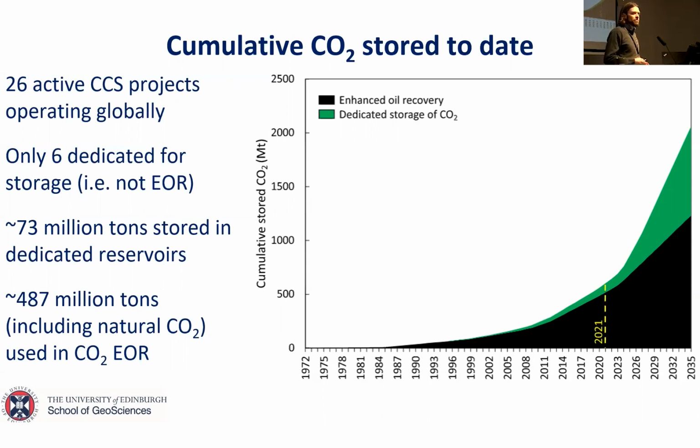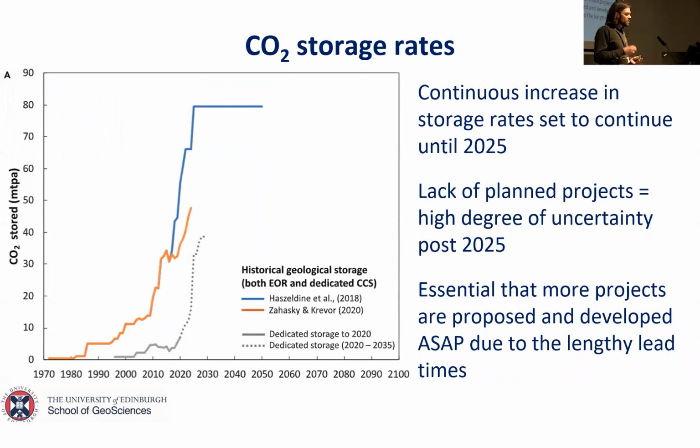But the first take-home is that CCS operates at scale and does so around the world. That's a key point that people do seem to lose when they say it's not an existing technology. It is.